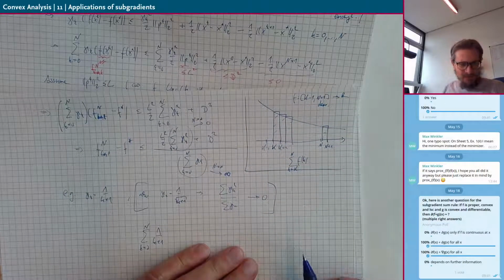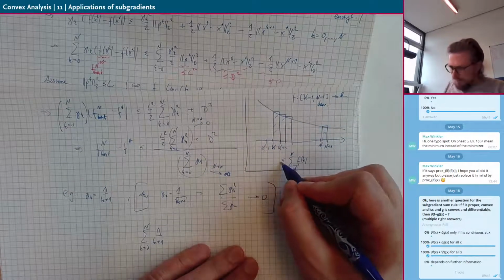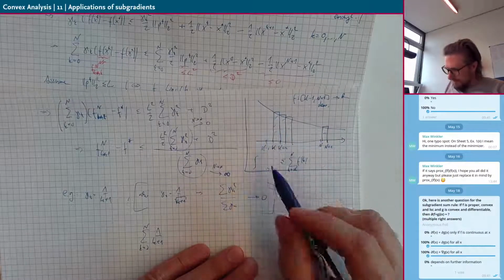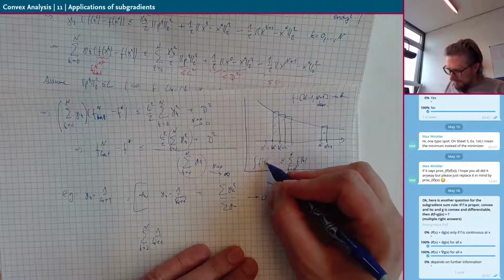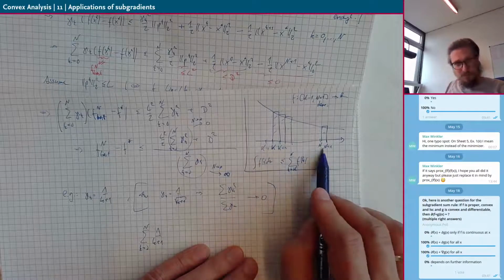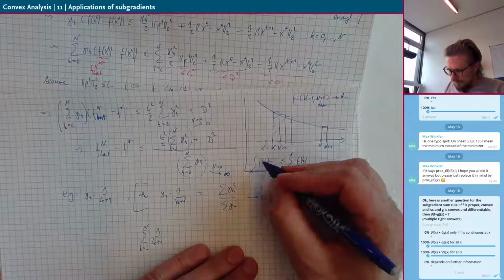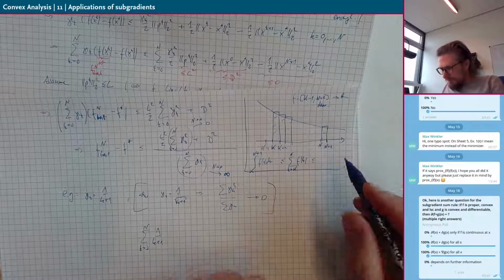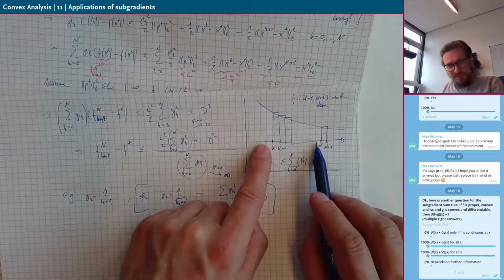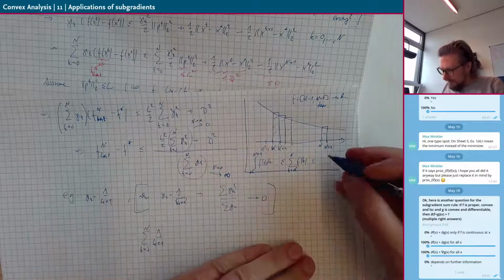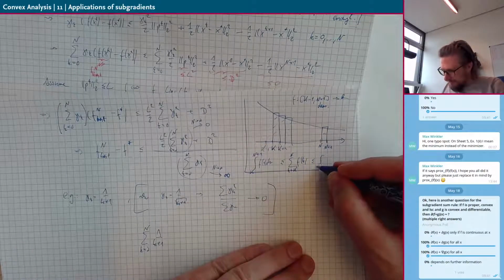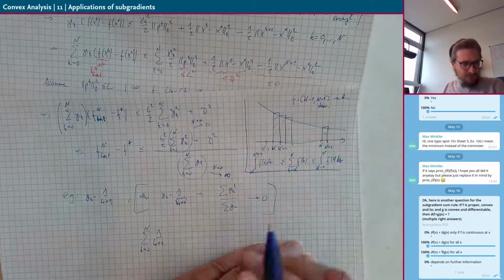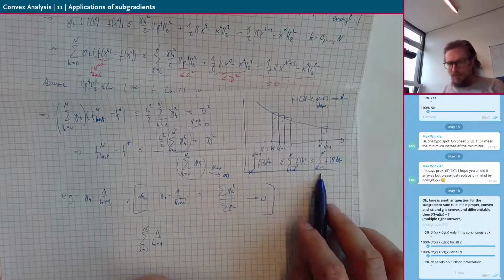And then you see you have a lower bound on this sum by integrating the function f from k to n plus 1. And you have an upper bound by shifting all these things to the left one step, and you have an upper bound by integrating from k minus 1 to n. So these are simple bounds if you have a decreasing function.